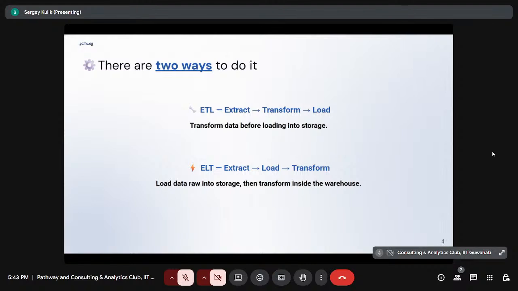It's ETL. The second one is ELT. It's also a sort of new paradigm, and it's extract, load, transform, which is a little bit different. There are two main differences here. When we talk about ETL, we consider that all the job is done within one task, one job, one worker.